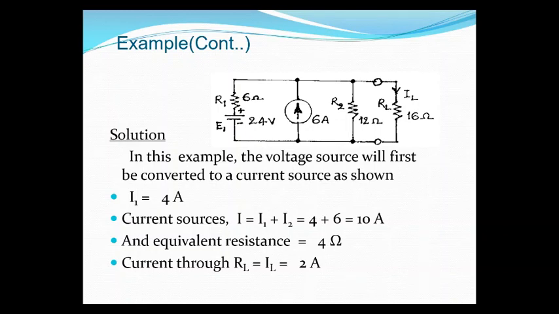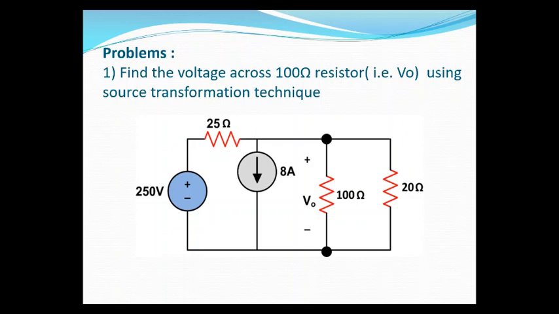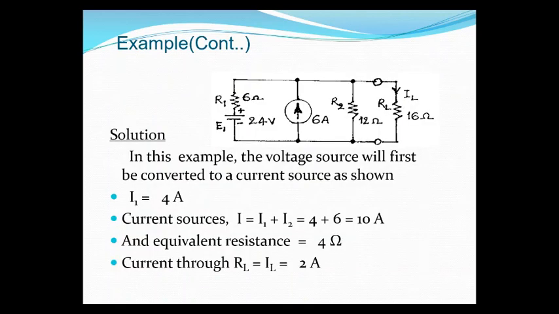So how much? It is 10 into 4 divided by 4 plus 16, that is equal to 2 amps. So the total circuit is replaced by a single current source with 10 amps in parallel with 4 ohms, and the terminal impedance is 16 ohms, and the current flowing through the 16 ohms is 2 amps.